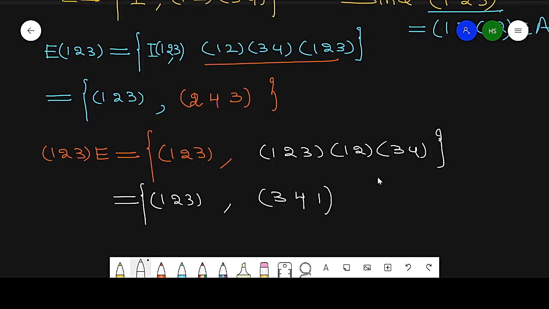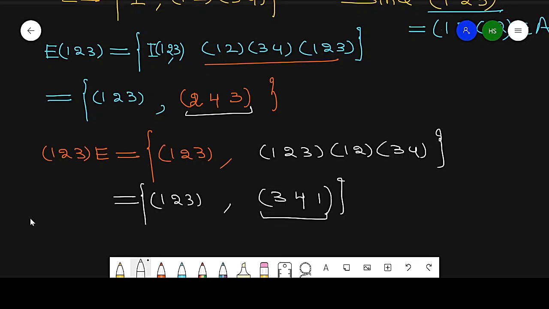The remaining is 2: 2 goes to 1, 1 goes to 2, so it becomes identity. So this cycle and the other cycle are not equal. Why? Because 2 goes to 4 there, and here there is no 4.